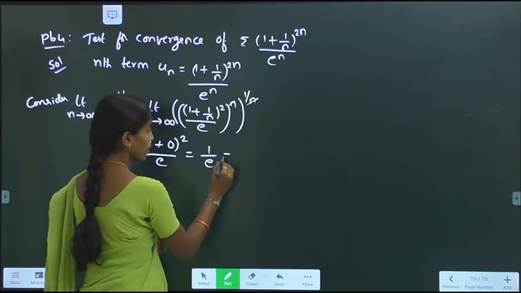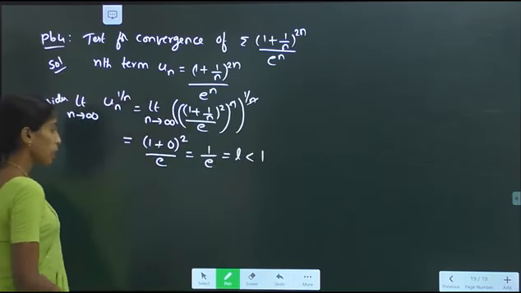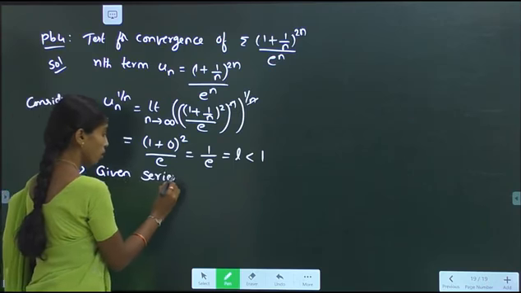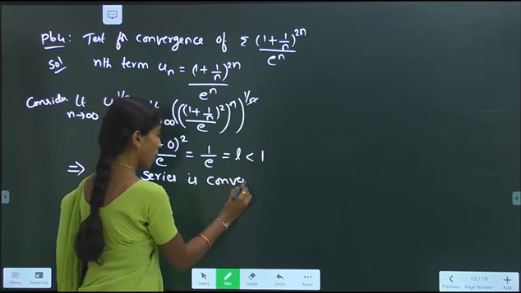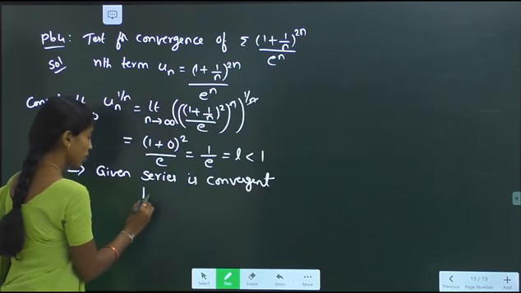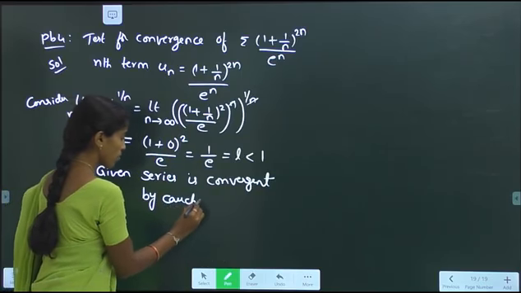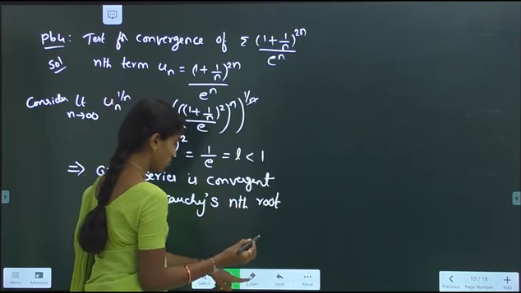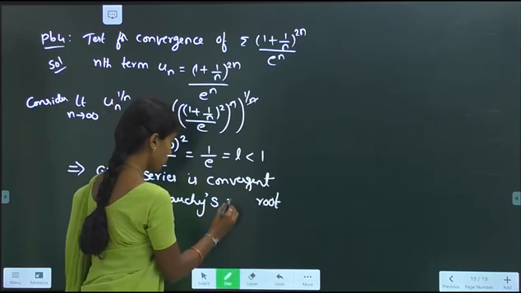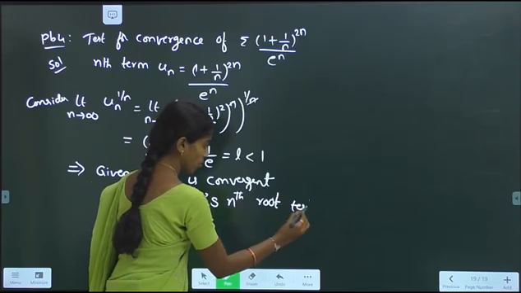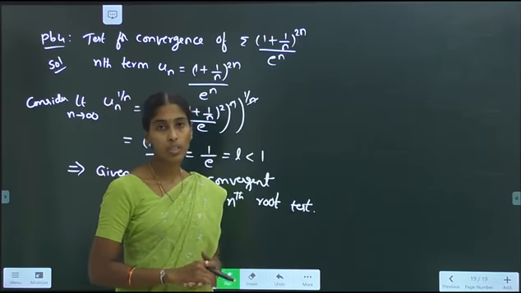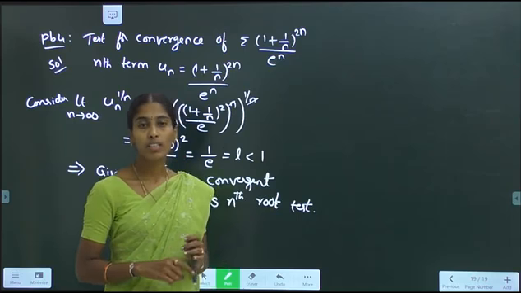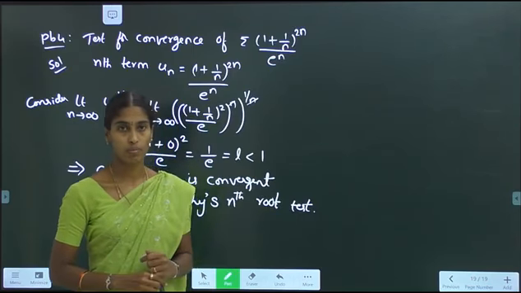So 1 by e value is less than 1, implies the given series is convergent by Cauchy's nth root test. Right, with this Cauchy's nth root test also completed, one more test is there on positive series, which is the integral test. After completing that, then we are moving to the alternating series.